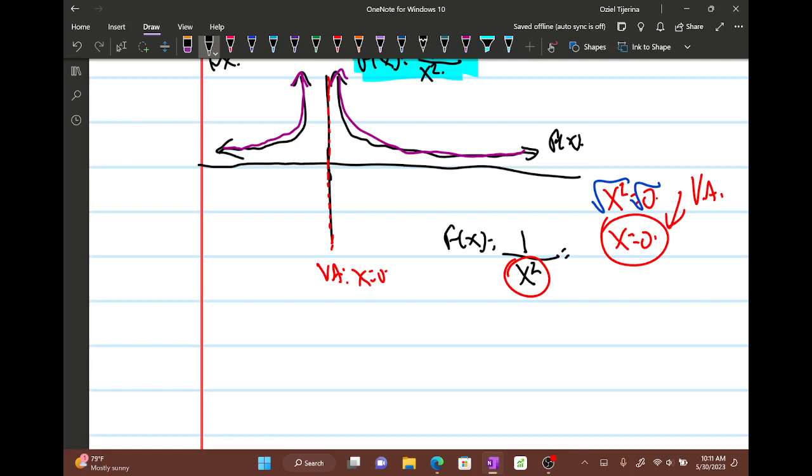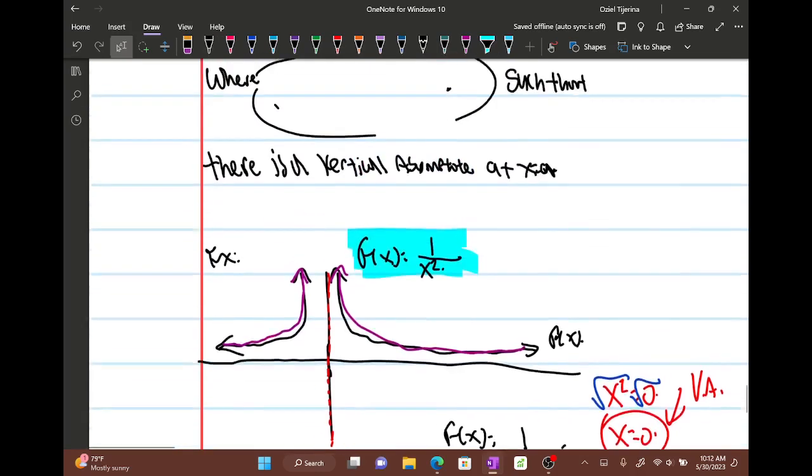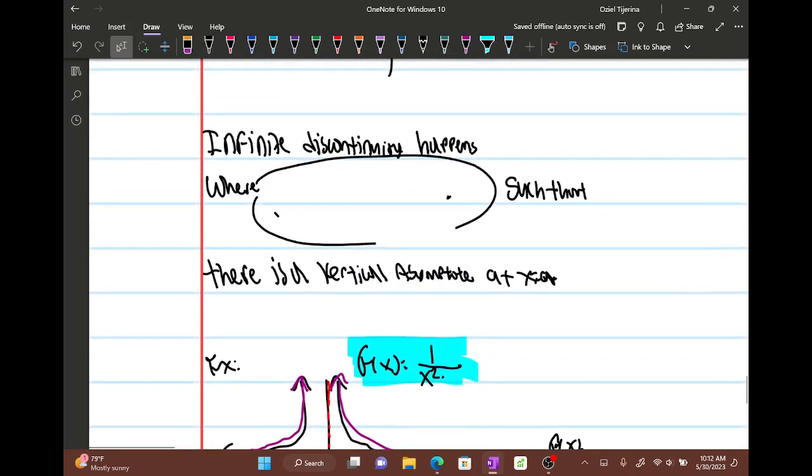But let me redefine this idea, guys. An infinite discontinuity can happen where there's a vertical asymptote at x equals some number a.